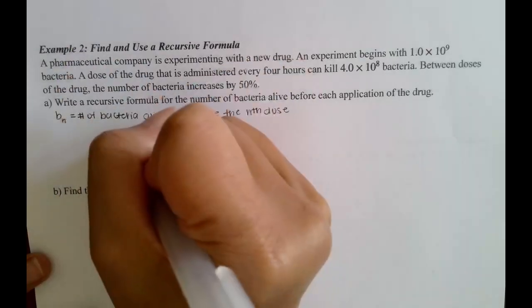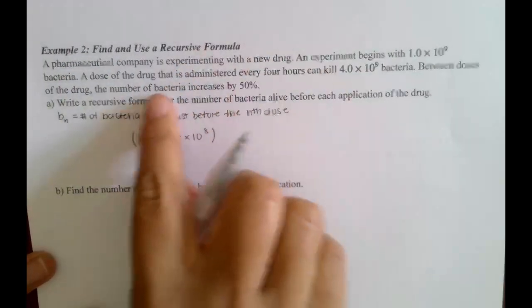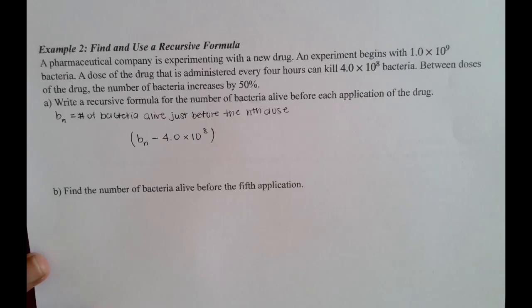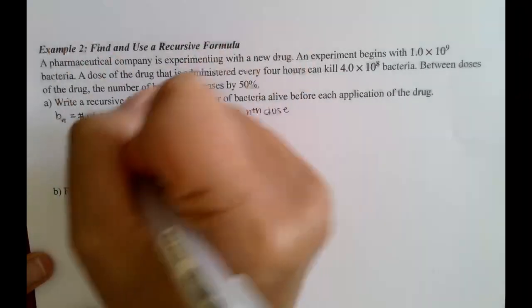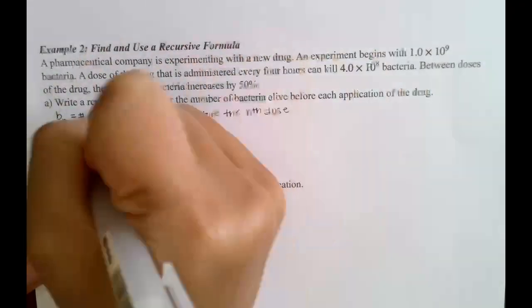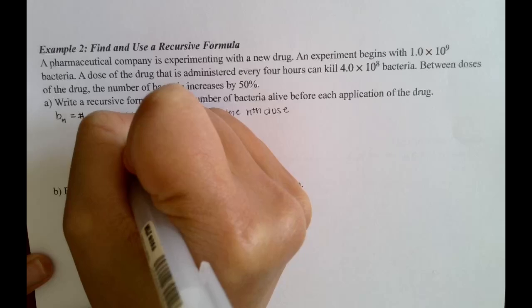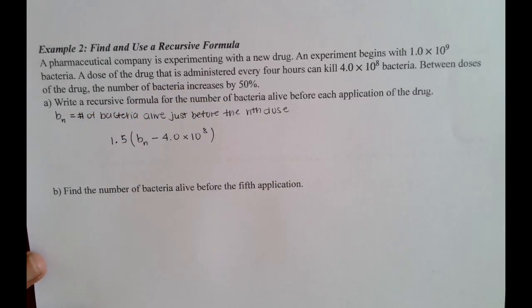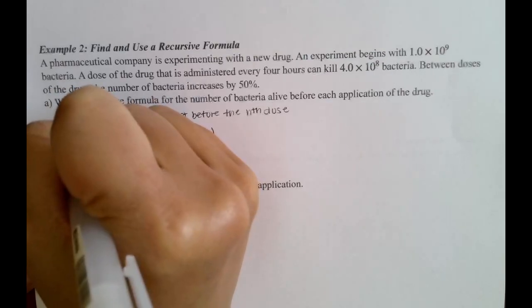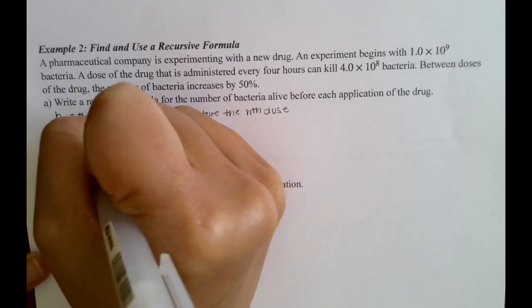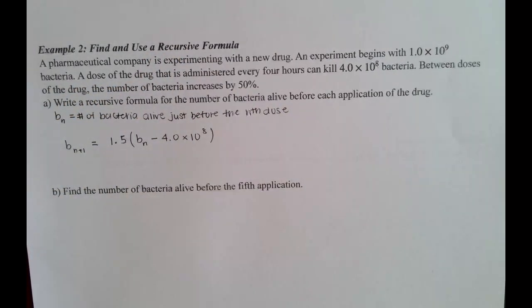Okay? And then we're increasing by 50%. Okay? So then times 1 is 100%, right? And so if we're increasing, it'll be 100% plus 50%, so that will be 1.5. Okay. So then B sub n plus 1 is going to be 1.5 B sub n minus 4.0 times 10 to the 8th.